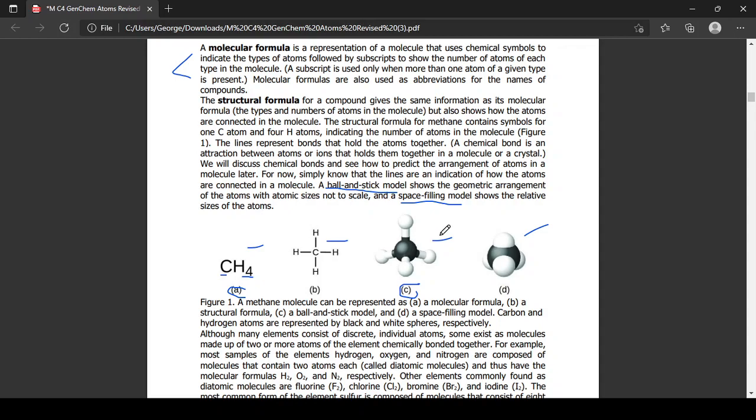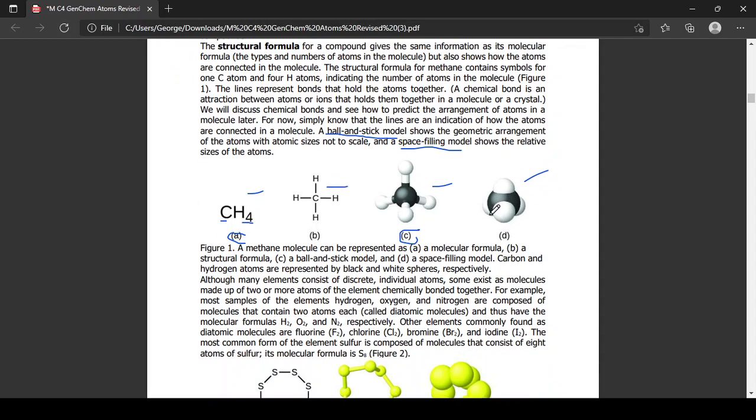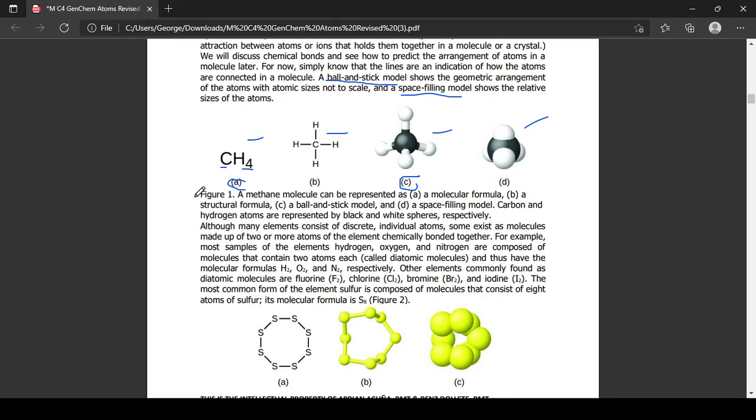And lastly, your space filling model shows the relative sizes of your atoms. In the space filling model, carbon is attached to the four hydrogen spheres, and carbon is bigger than they are because the carbon acts as a glue to bond your other atoms together.